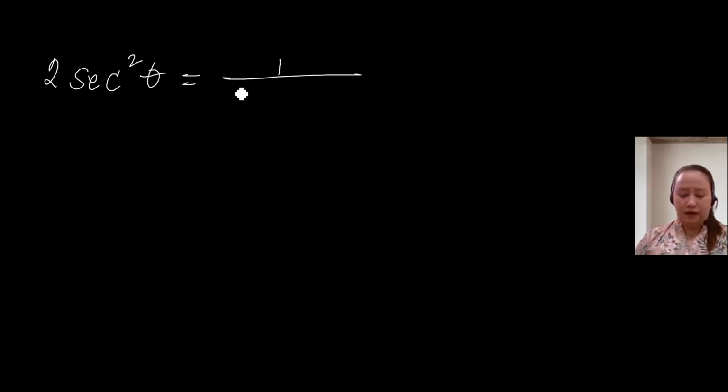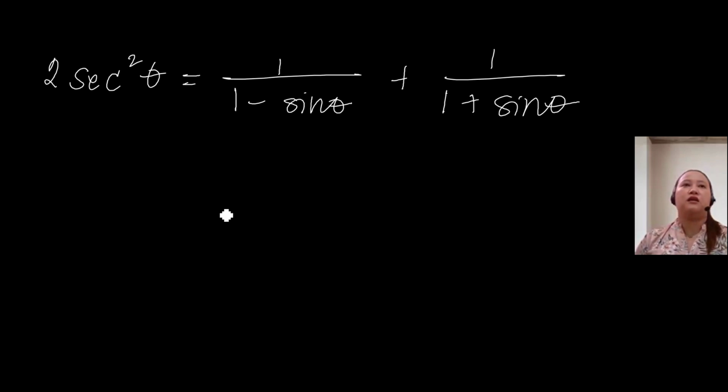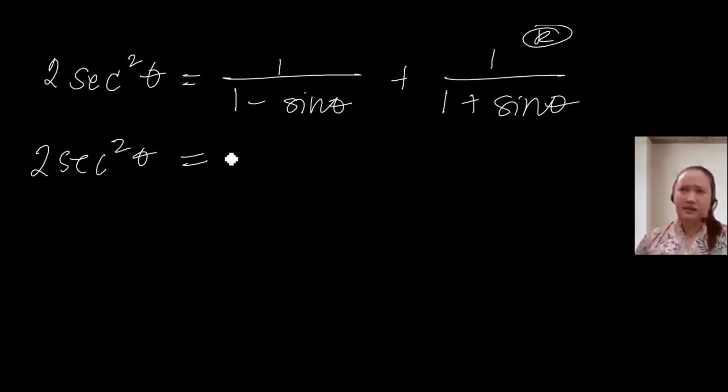So rewriting, 2 secant squared theta equals 1 over 1 minus sine theta plus 1 over 1 plus sine theta. Okay. So here, what is complicated is of course the right side. So you copy the left side. Then you can apply on the right side the LCD again.